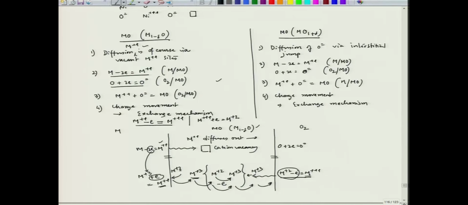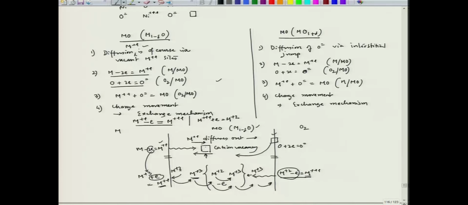Now, the interesting part is this cation vacancy which is generated here, because it is forming a non-stoichiometric oxide. This vacancy is migrating from this end to the other end. So the vacancy movement is this way and the metal ion movement is this way. The vacant cation sites are coming to the other end gradually.